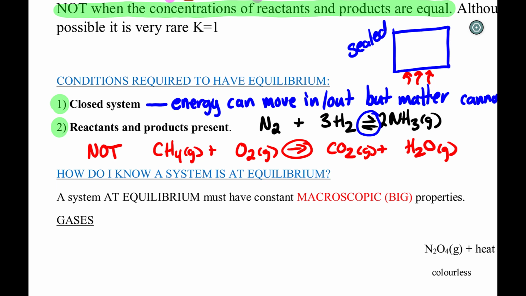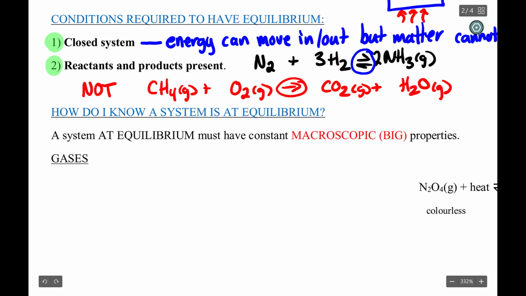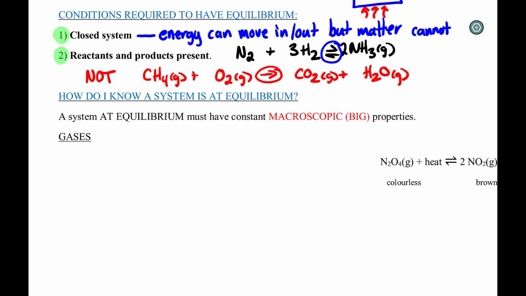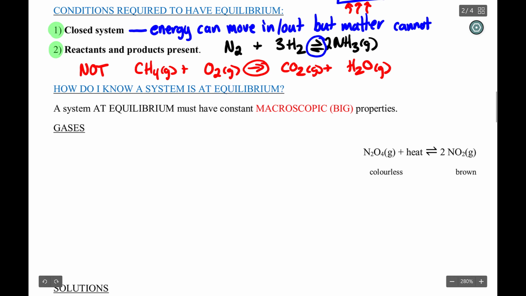Let's look at the next thing, which is, how do I even know I am at equilibrium? So we use macroscopic properties. So macro means big, right? Macroeconomics, big economics, microeconomics, looking at something much smaller. Okay, and we generally do everything in terms of gases or solutions in this course.